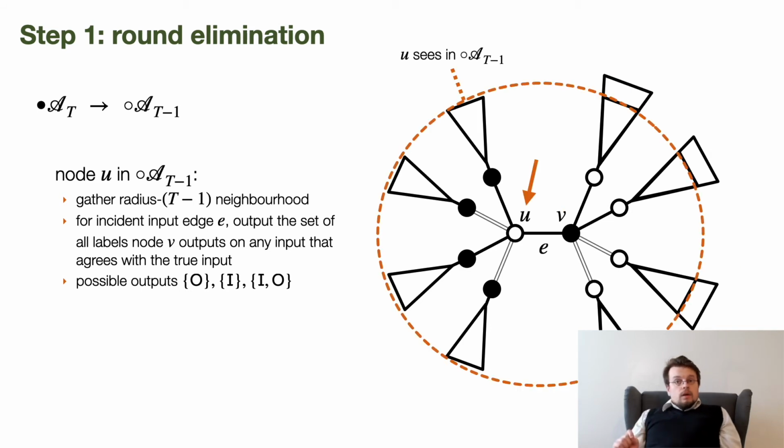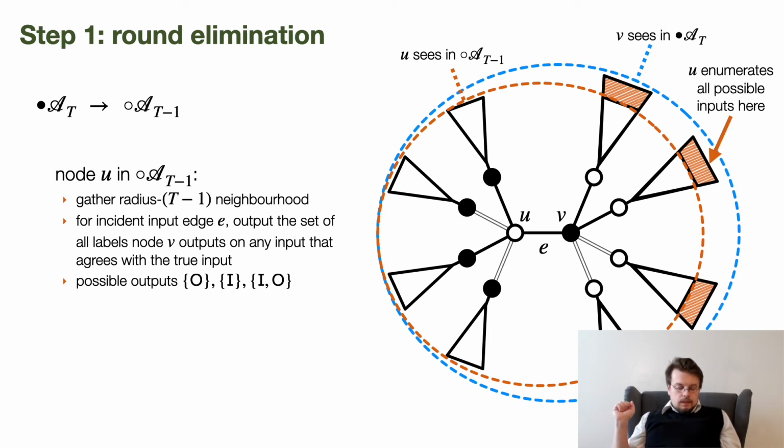So what U does is that it gathers its radius T-1 neighborhood. What it sees is most of this radius T neighborhood of V, except these highlighted areas on the edge.